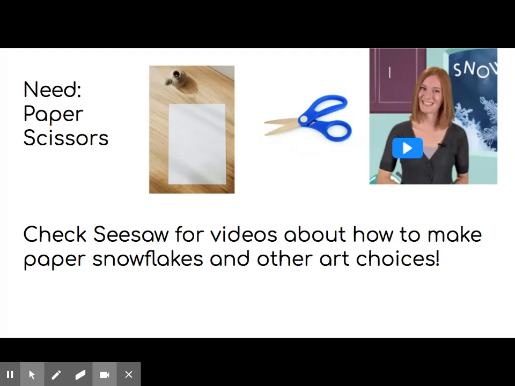You might want to try doing some that really are like the shapes of real snowflakes. So we have some snowflake art for you and some snowflake science, and I hope that being a snowflake scientist has been fun for you.